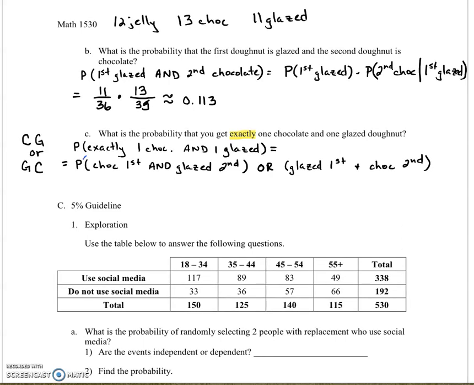I'm going to put an extra set of parentheses around here because that's the probability we're doing.